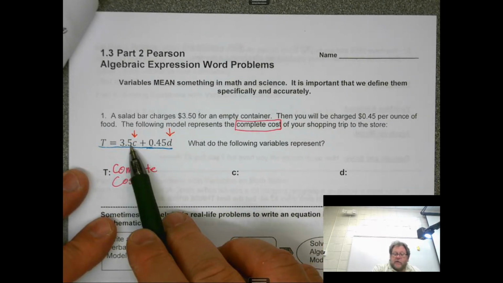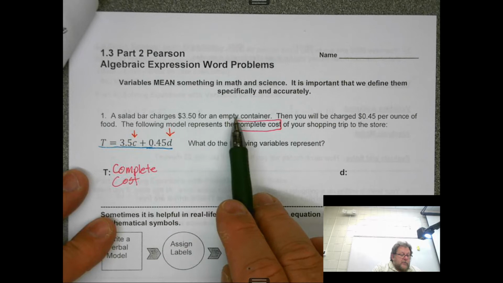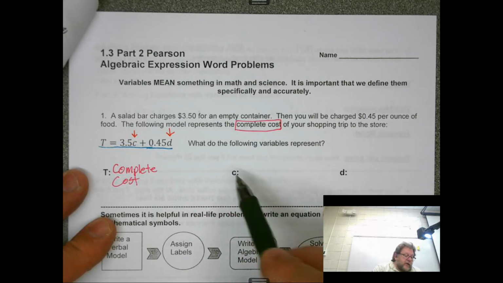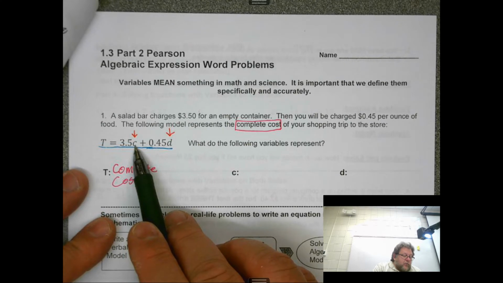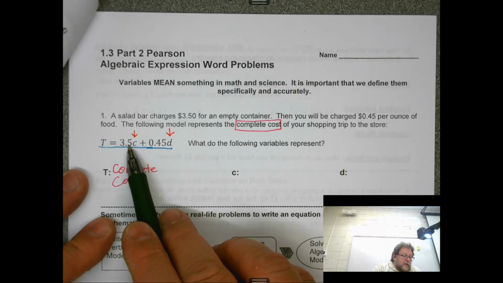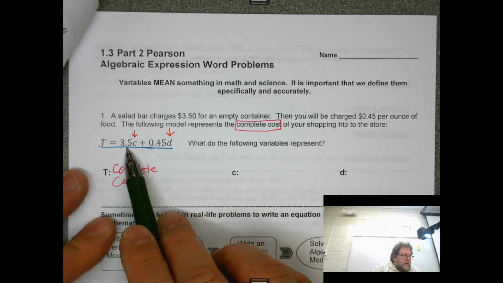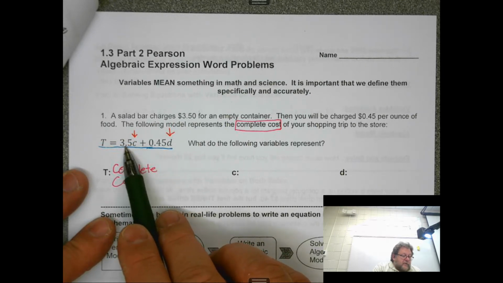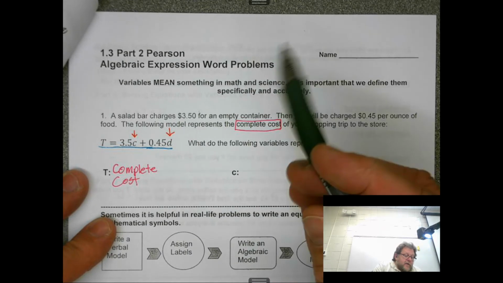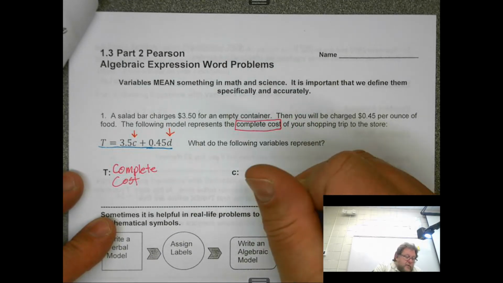So if we have one empty container, it's $3.50. If we have two empty containers, it's $7. If it's 3 empty containers, we have $10.50. So C is the number of empty containers.